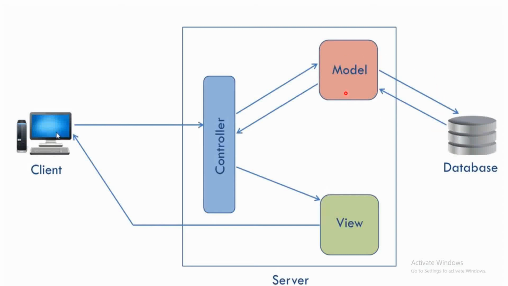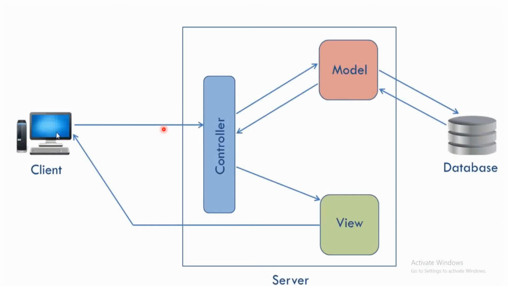Then after getting the data from the database, it will pass it to the controller. Then the controller will pass that data to our view. Then the view will format it, and that formatted data will be sent to the client. So this is how our MVC architecture works.